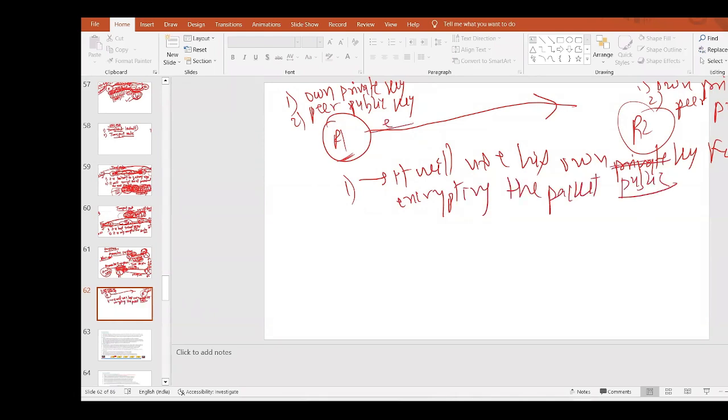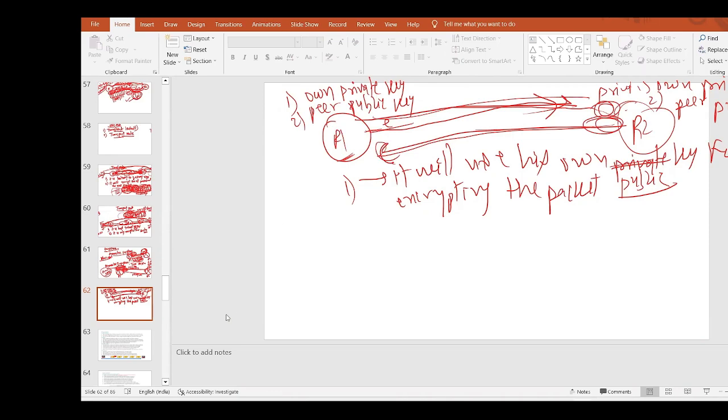Then it forwards the packet to this guy. Then this guy will use his own private key to decrypt the packet. If he has to encrypt any packet for R1, he will use R1's public key to encrypt the packet and then forward it. So that's how it's called asymmetric.